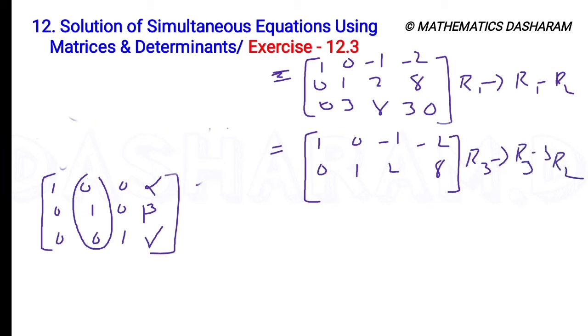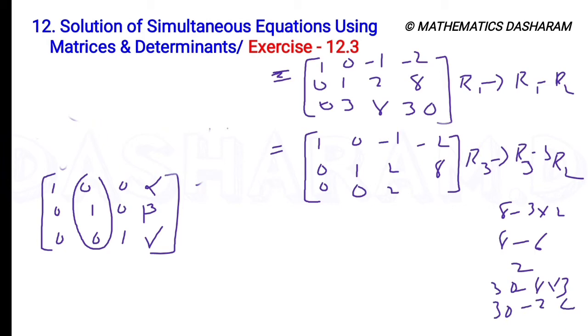So here 0 will come. Next, 3 minus 3 into 1 is 0. 8 minus 3 into 2, 8 minus 6 is 2. Next, 30 minus 8 into 3, 30 minus 24 is 6.